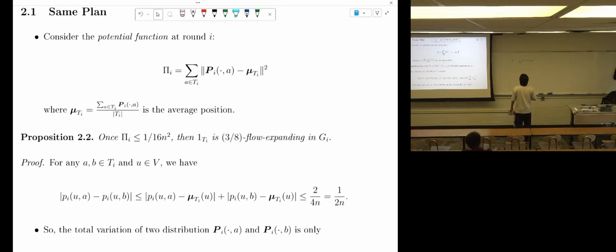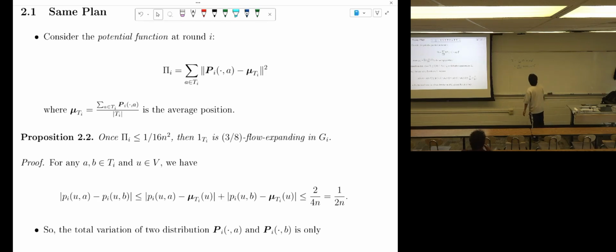Now I can write this as a sum over U and A in the active set of PI UA minus the average, where this is a vector, so I just take the U's entry of this vector.